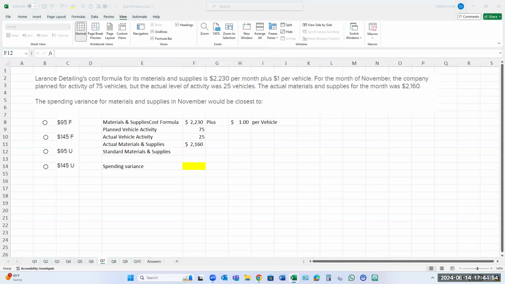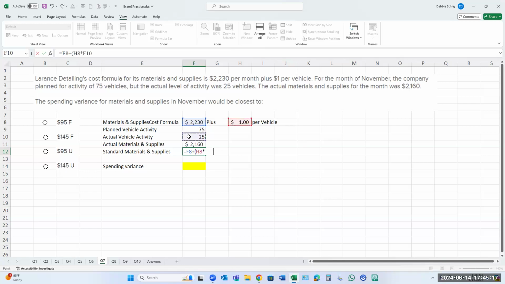So I need to figure out what my standard materials and supplies should have been for the actual output. Again, they have a fixed cost plus, open parentheses, a variable cost times the actual output.